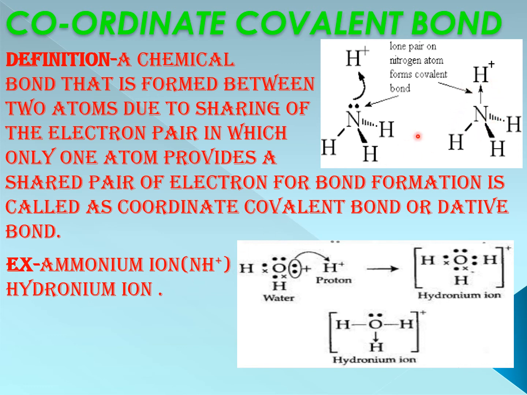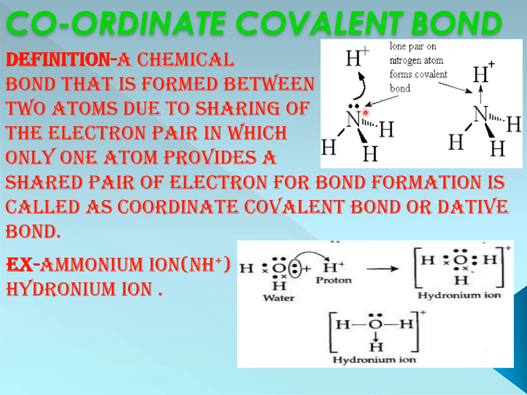Now another example is H3O plus. Now there are a few conditions for the formation of this coordinate bond. One of the two atoms must have at least one lone pair of electrons. So nitrogen here, in case of ammonia, is having a lone pair of electrons.